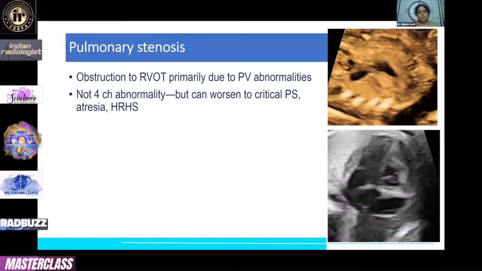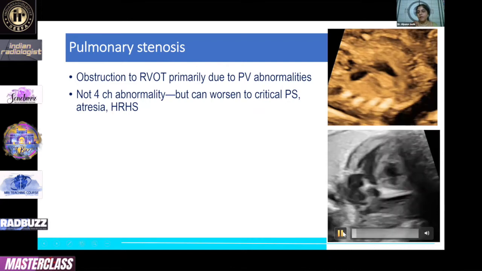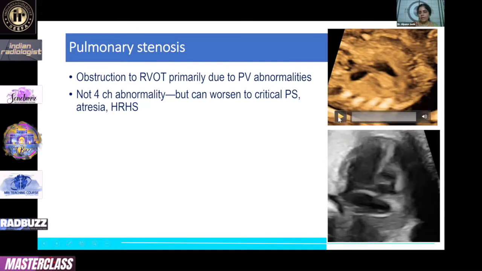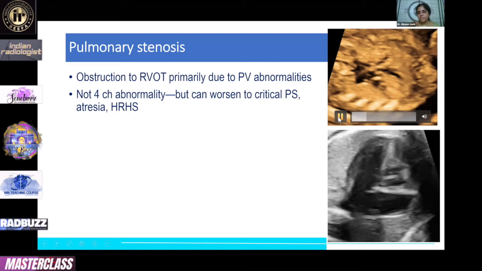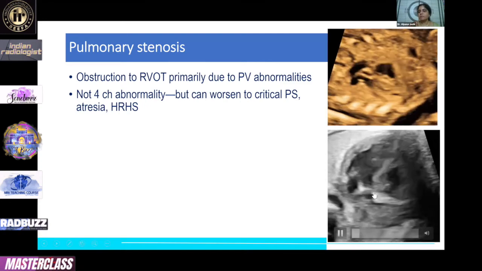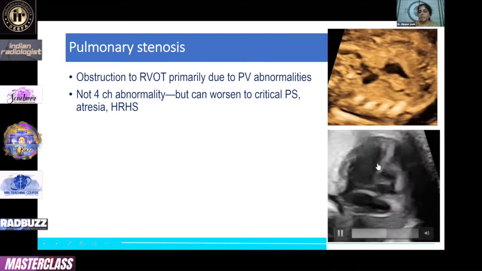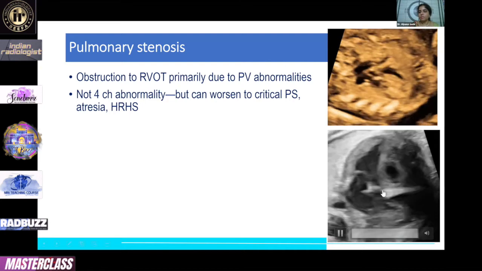So pulmonary stenosis is an obstruction to the RVOT. It is not a 4-chamber abnormality, but it can worsen, and you can have this kind of a problem in the 4-chamber. This patient, this is at the 20-week scan, and when she came at 32 weeks, you can see that there is a hypertrophy of the right ventricular wall.